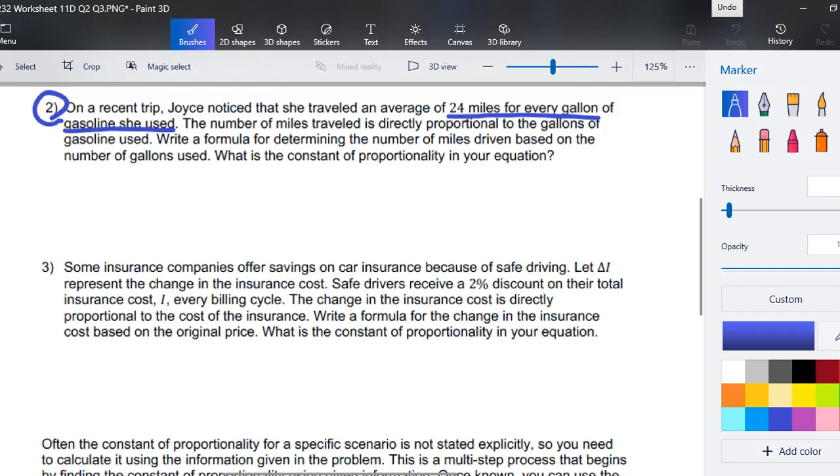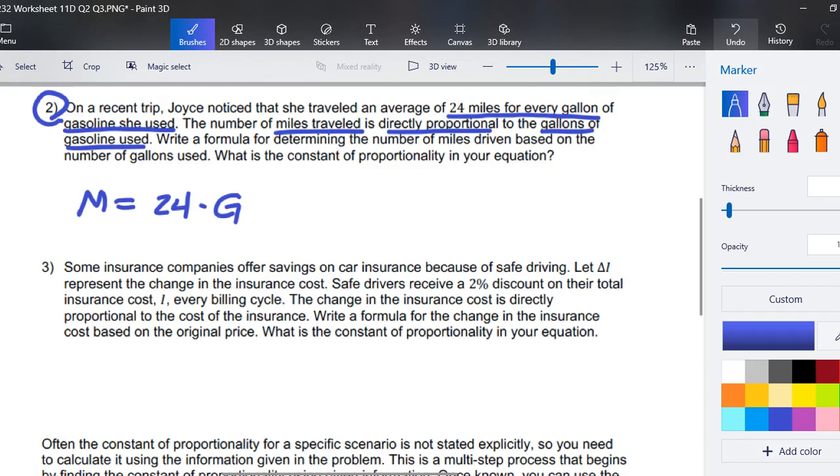The number of miles traveled is directly proportional to the gallons of gasoline used.